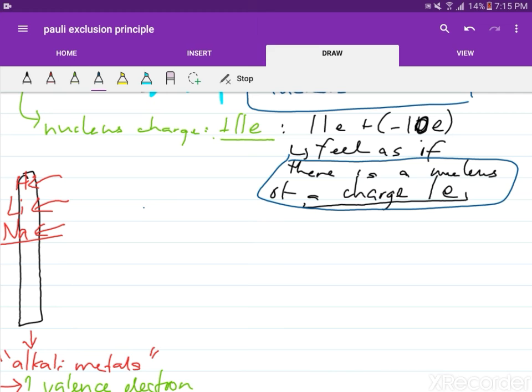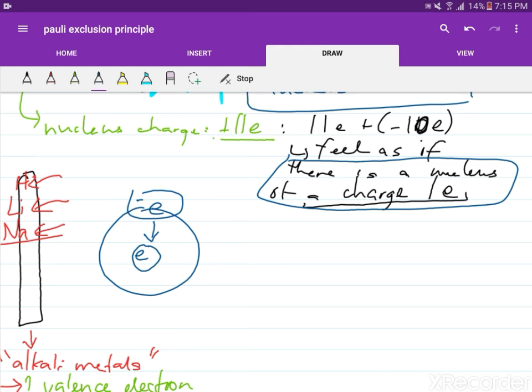For hydrogen, this is its nucleus. Just one proton, so this is just 1e and one electron. So its valence electron feels just 1e.